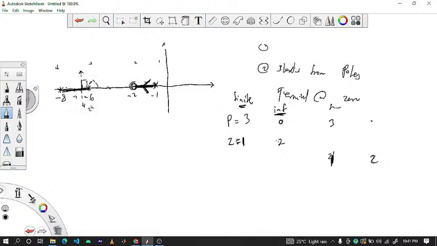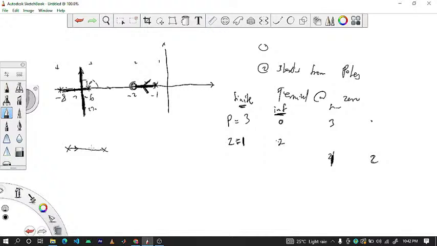So 90 and 270, which means one asymptote goes up and the second comes down. We have 2 asymptotes, right? So one goes up and one comes down along the angles 90 and 270. Fantastic.